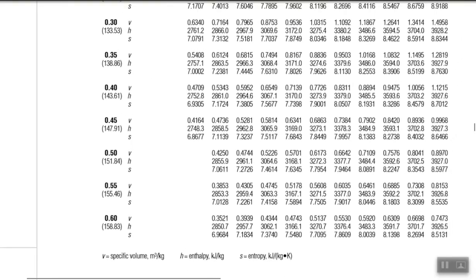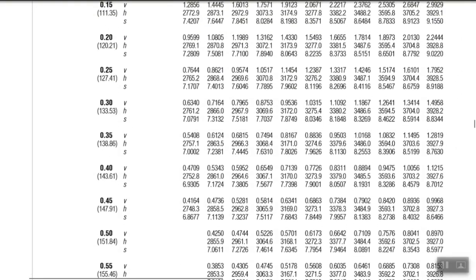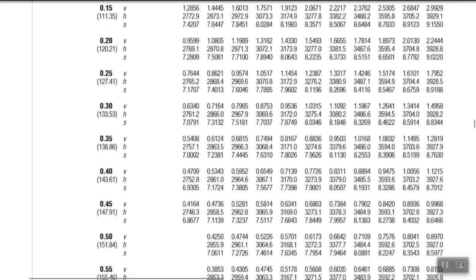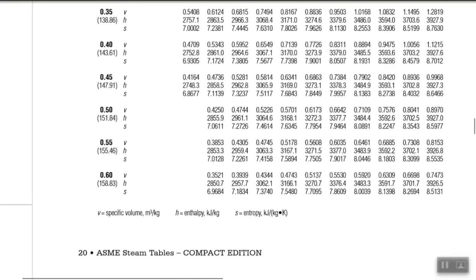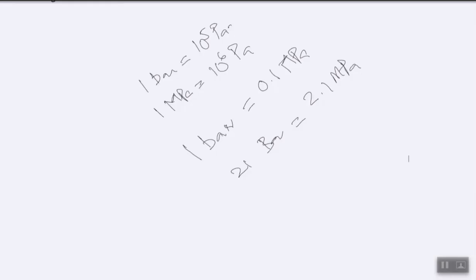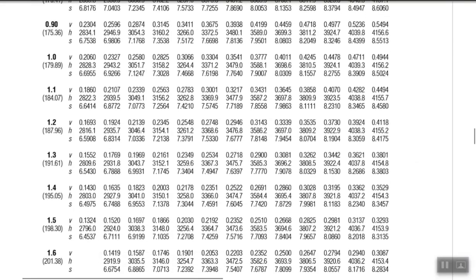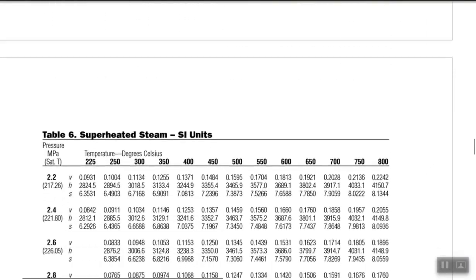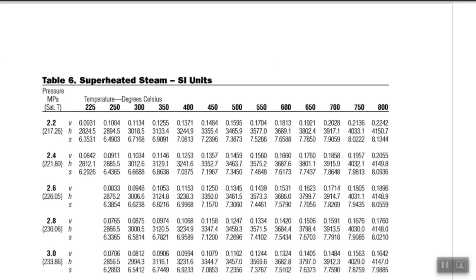So let me check the steam table again, and we would be looking at 2.1 megapascal and a temperature of 360. Let's go down there, and I presume we are in the superheated region, but make sure you check.